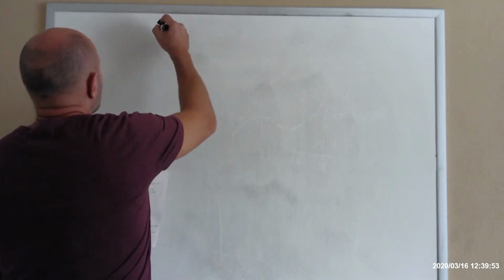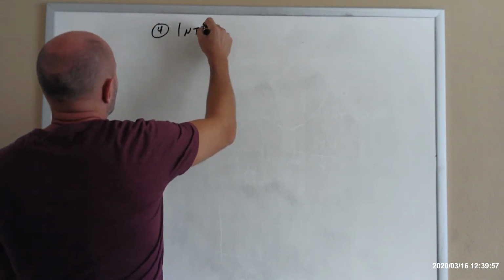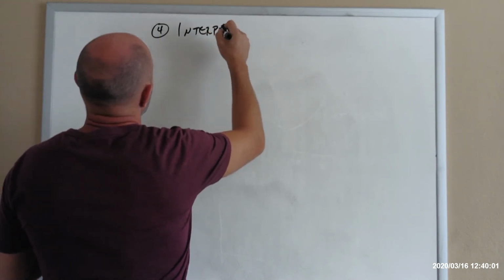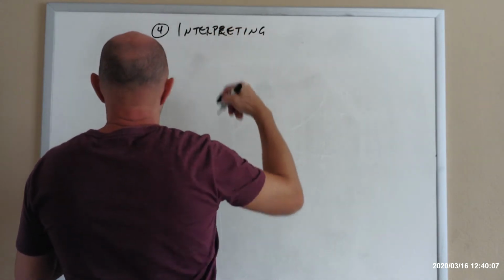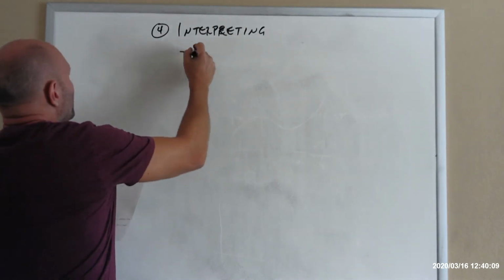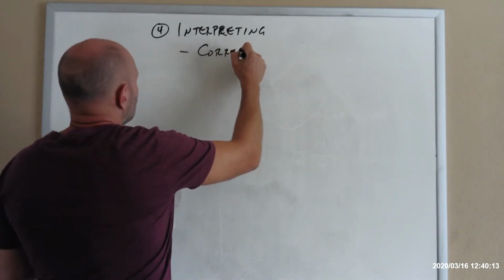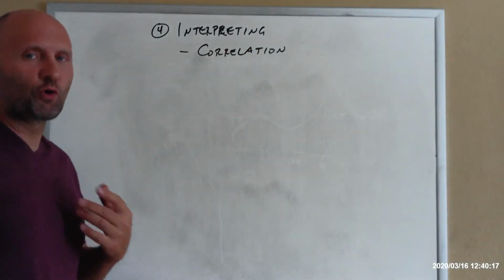And then 4 is our interpreting. So the biggest thing with interpreting and how it relates to statistics is this idea of correlation.